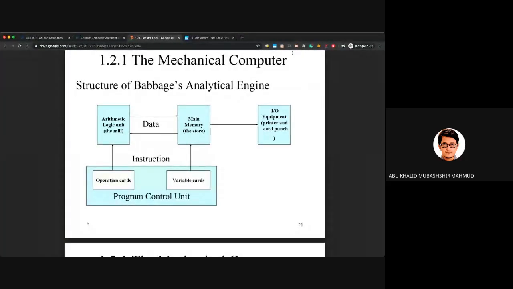And let me add an arrow here to get input from the user and to send the output. It needs to be both ways, like a full duplex system.